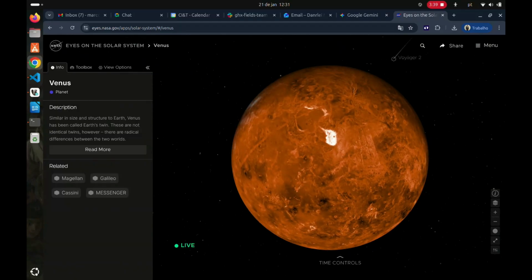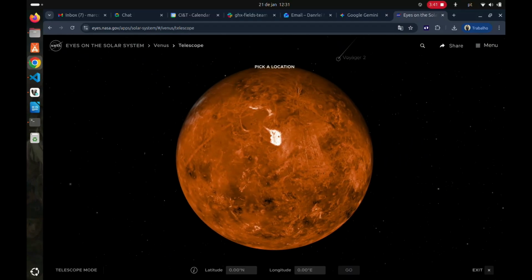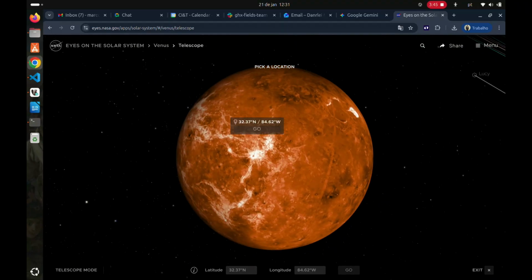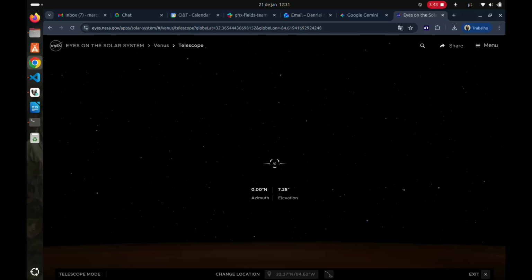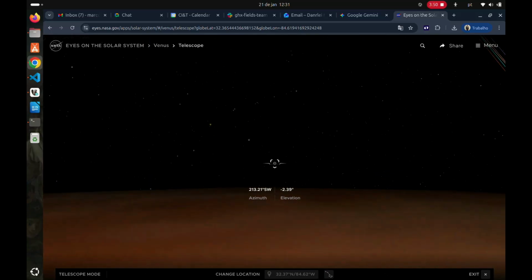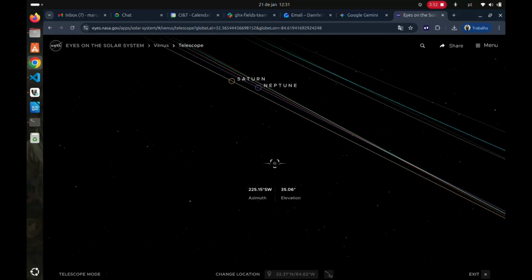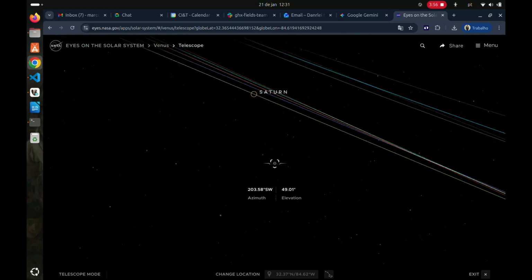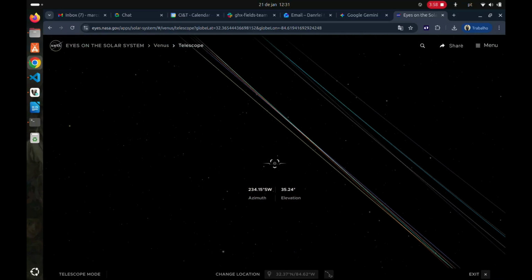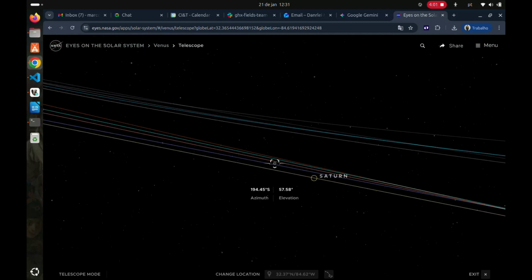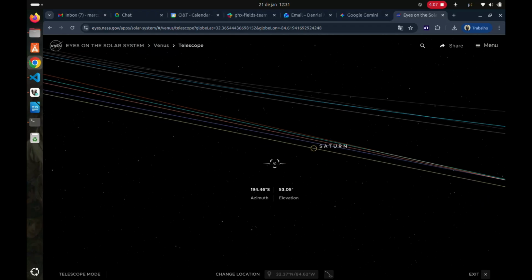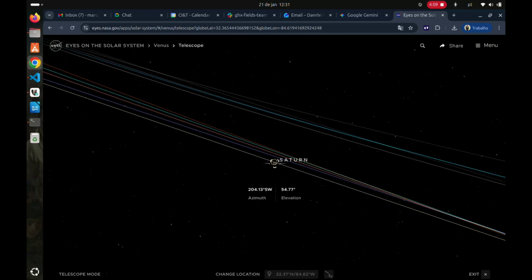Telescope here, and at this point here, go. And then the moment the spacecraft will be very close to the Venus atmosphere, it must take to the sky the position of Saturn, but this is the main target.